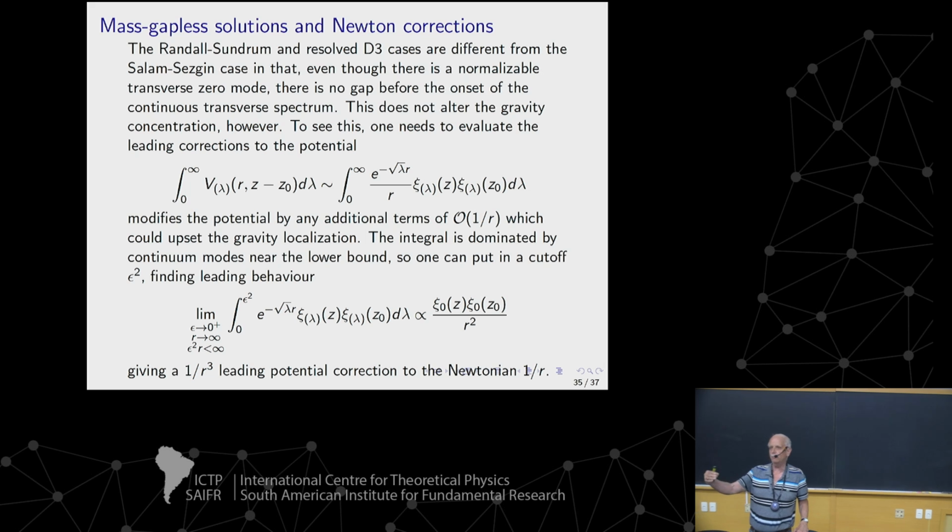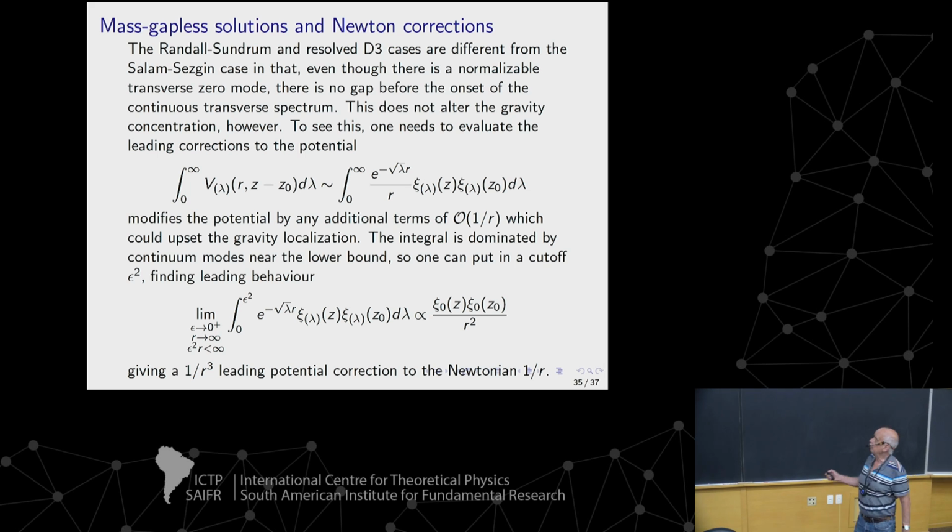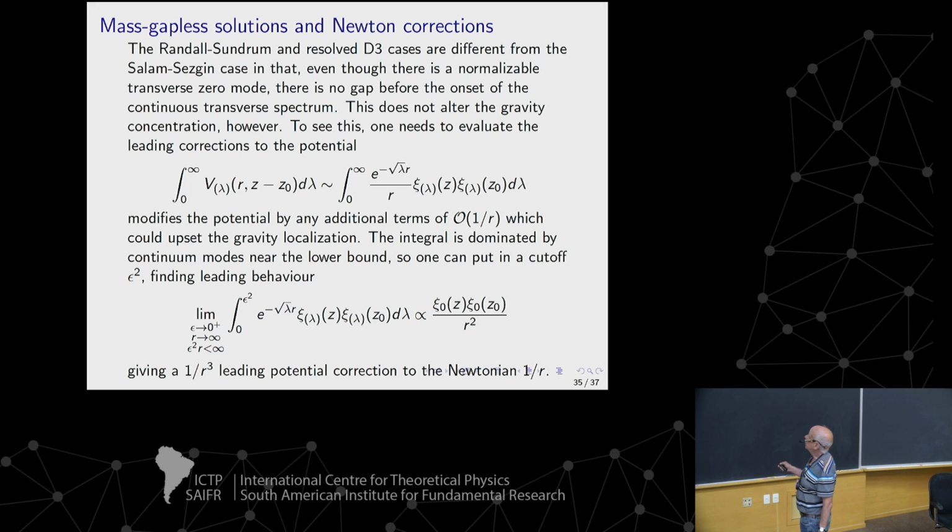Once you get away from 0, you're really going to start dealing with Yukawa type exponentially falling corrections. So you can put a cutoff to that integral, and we like to call it epsilon squared.